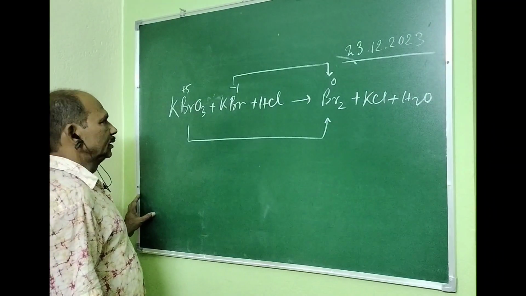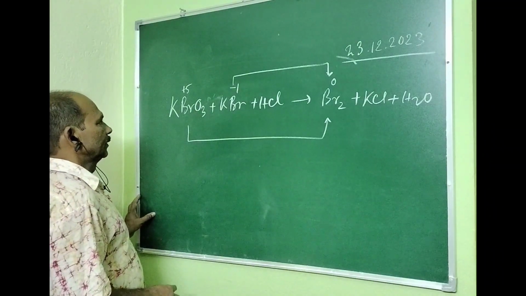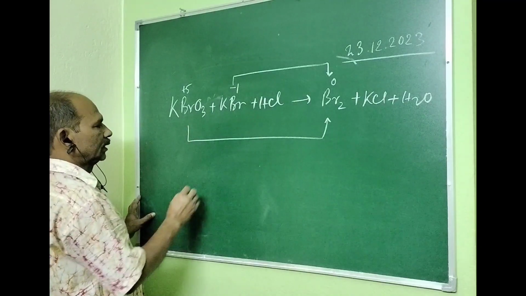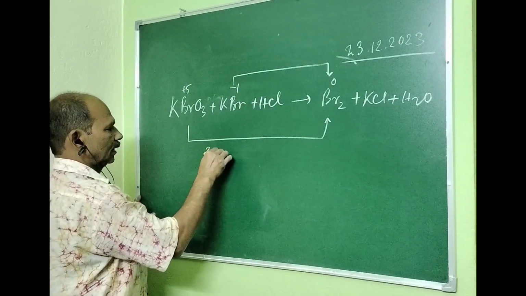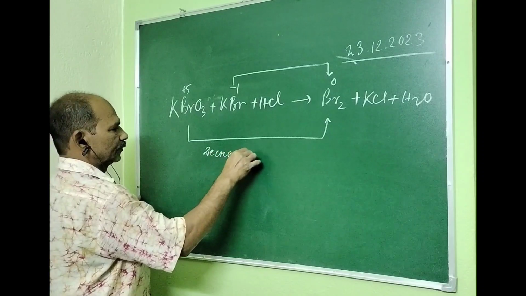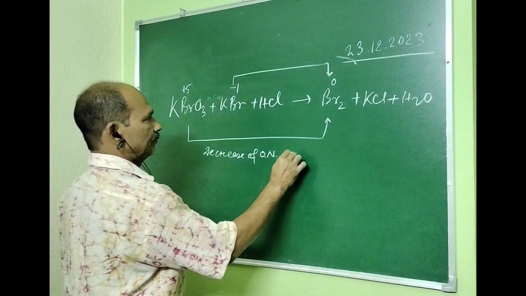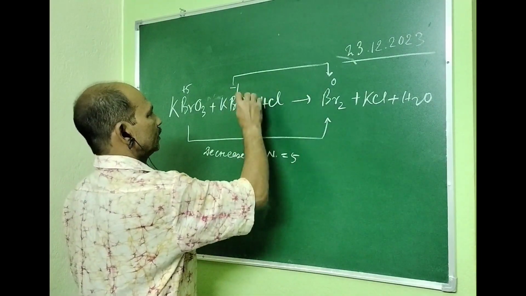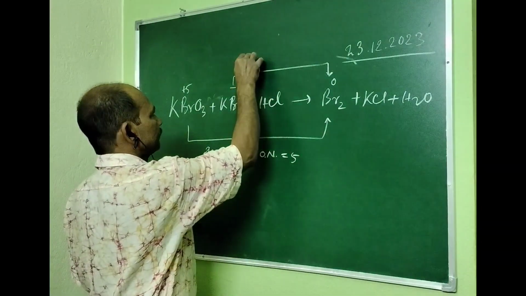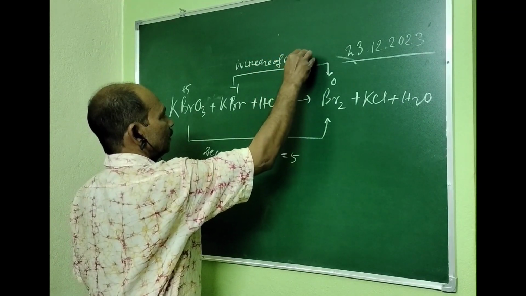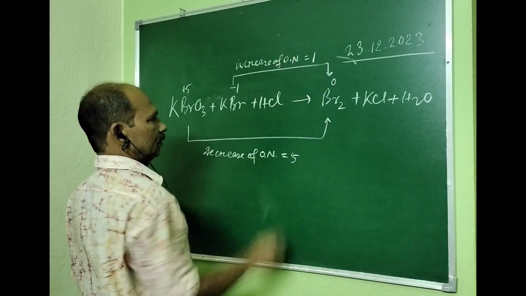That is in 0 oxidation state. So, for one bromine atom, the decrease of oxidation number here equals 5, and here you see the increase of oxidation number equals 1.